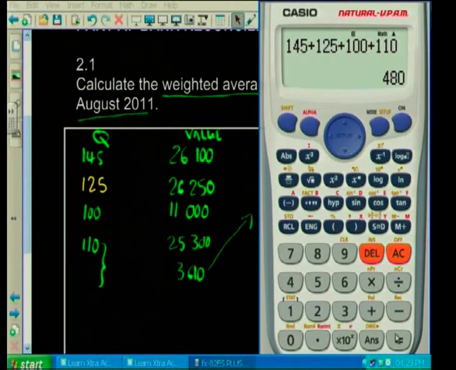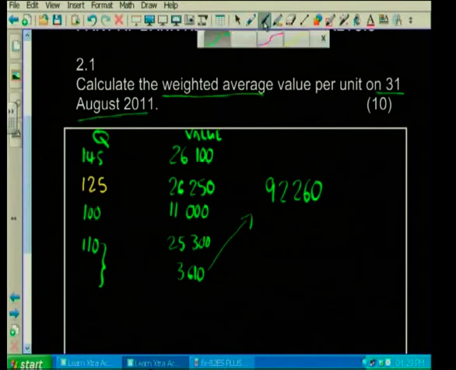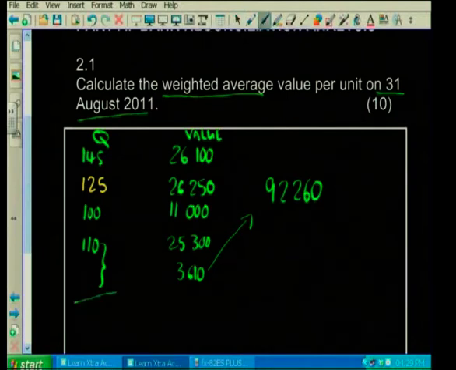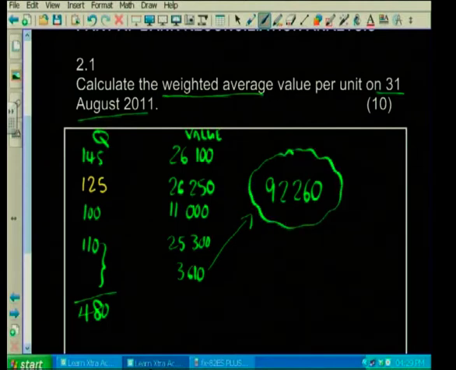So the total number that I bought was 480. That's the number of shoes, and the value of that was the 92,260.